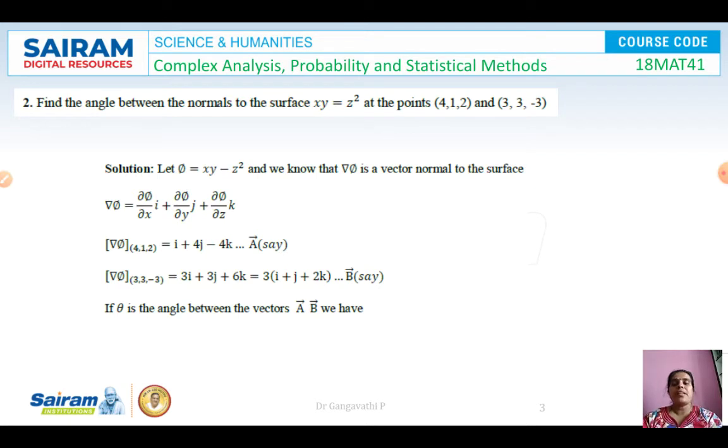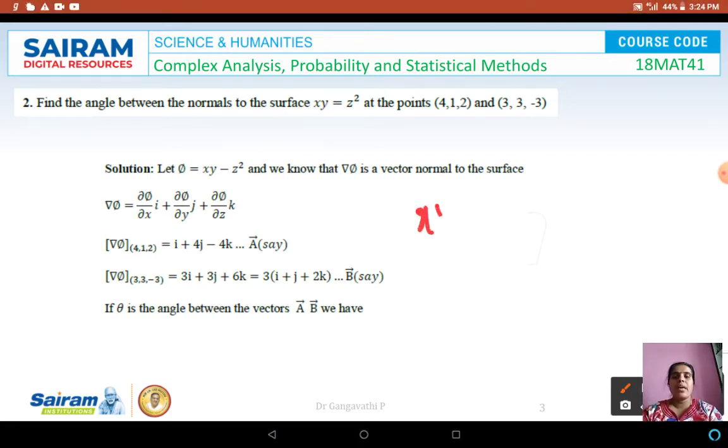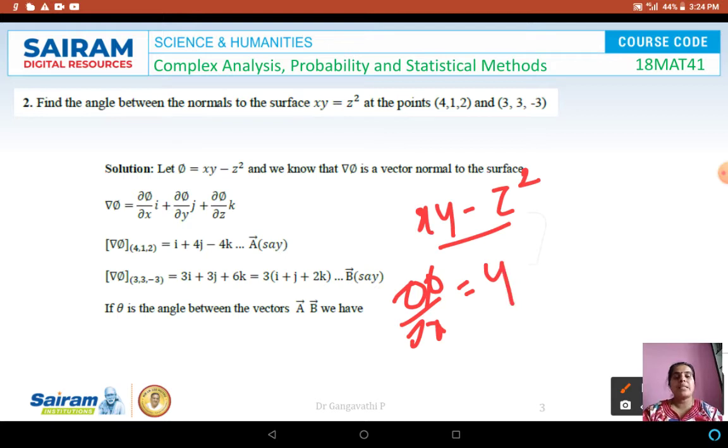So let us find the grad phi at this. Dou phi by dou x is the differentiation of xy minus z square. So we get dou phi by dou x, differentiating partially with respect to x, gives us y, and the other term becomes 0.